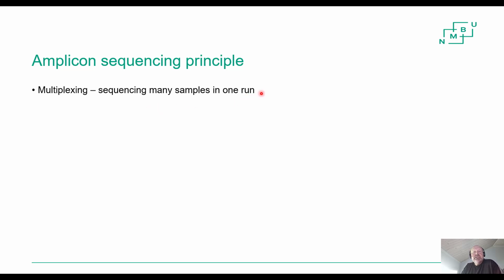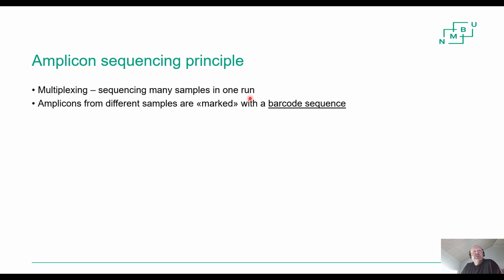Because the sequencing machine, once you start a run, will produce a lot of reads. And it's a waste of resources to sequence each sample that deep with that many reads. We don't need that for this metabarcoding. So instead of sequencing one sample per run, you sequence many samples per run, just to save money or resources.